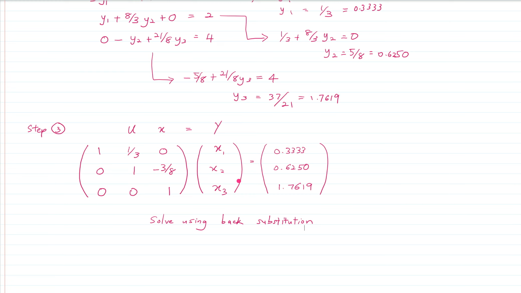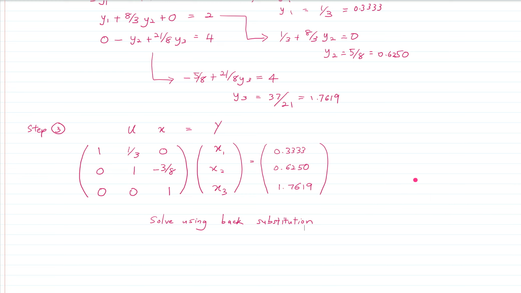So we already have X3 equal to 1.7619. Then we go backward to get the values of X1 and X2.